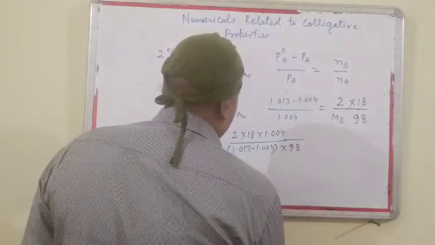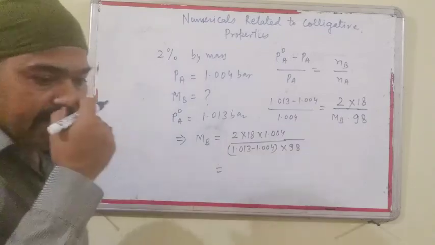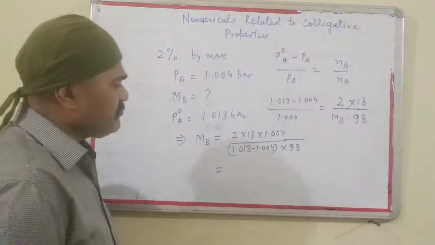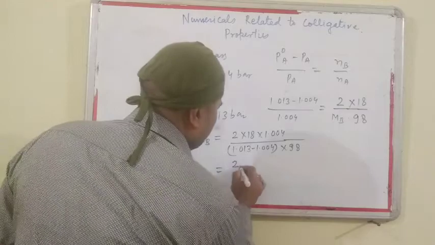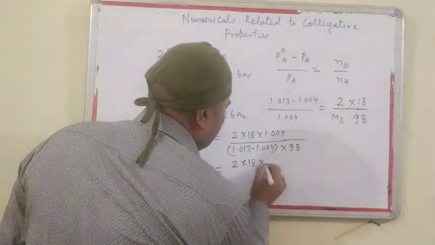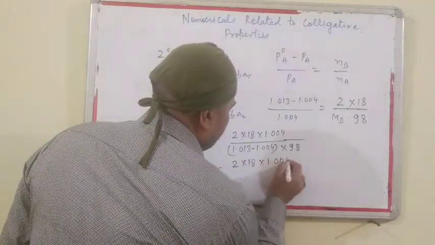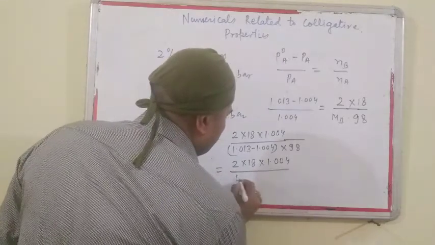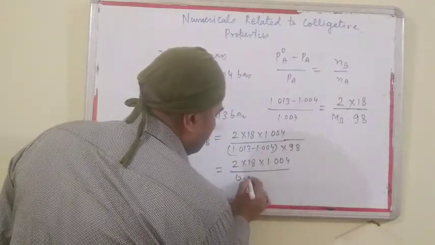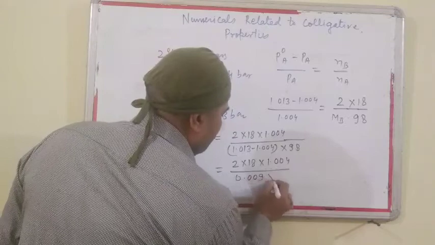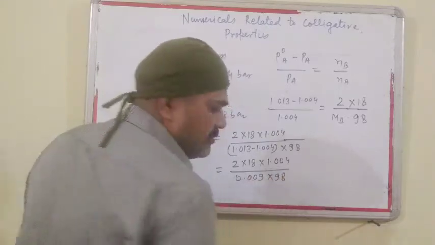So this may be written as 2 into 18 into 1.004 and this difference 0.009 multiplied by 98.